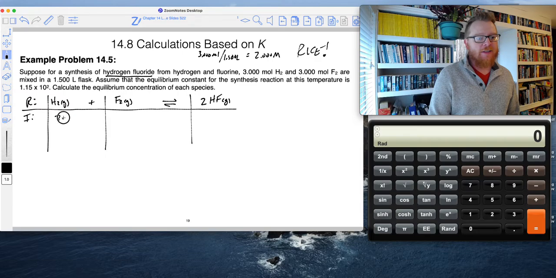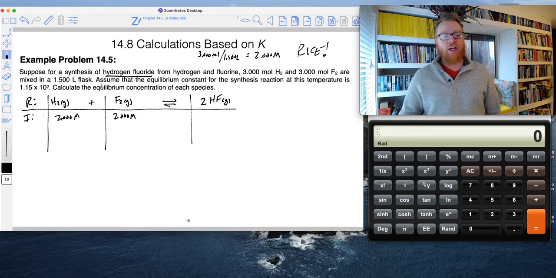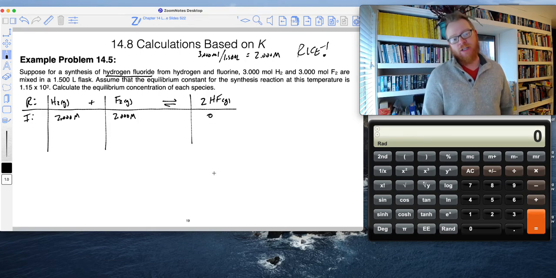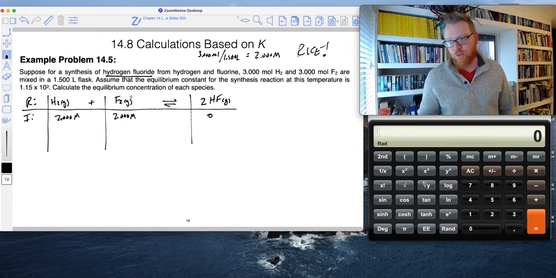So it gives us concentrations for hydrogen, and it gives us concentrations for fluorine, but it doesn't give us any concentration at all for HF. So when that happens, you assume 0. If there's no initial concentration of one particular species mentioned, you can assume that it's 0.